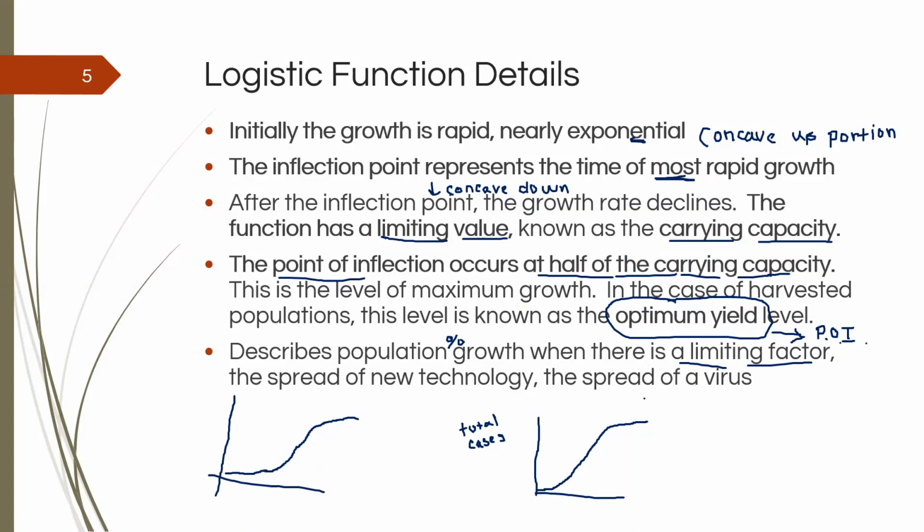But we are still seeing this logistic curve show up with the seasonal flu every single year. We see it show up with Ebola outbreaks, with monkeypox outbreaks that's been happening. Lots of different places you see this logistic curve with the spread of a virus.